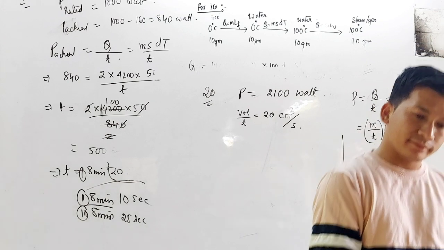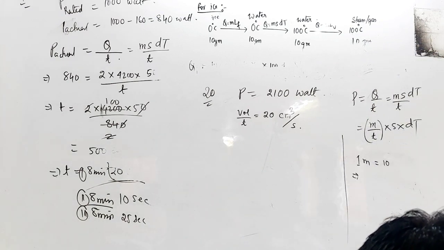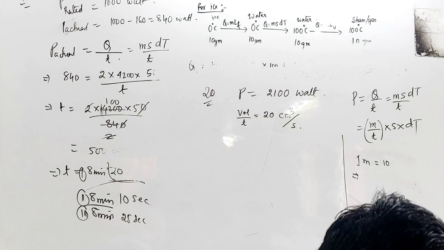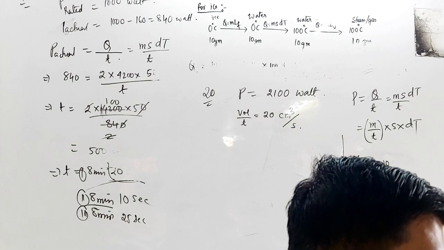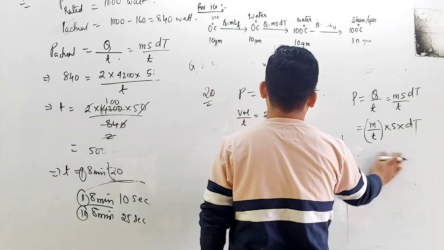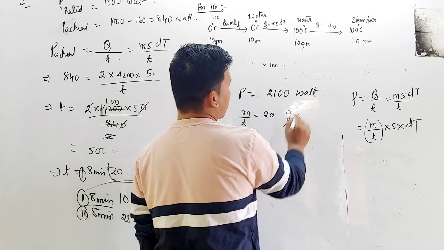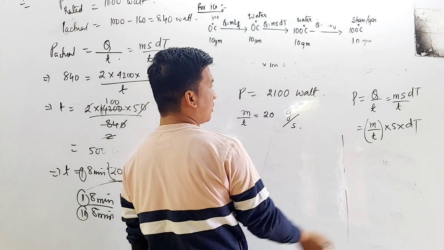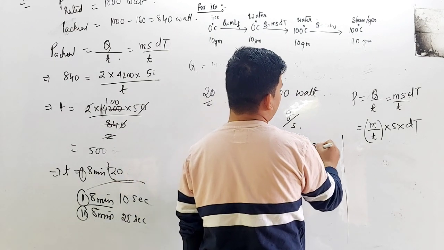20 gram. In the question it is 21000, cc is easy, so we do not worry. Now m by t is given in gram, to be converted into kg: 20 into 10 to power minus 3 kg per second.